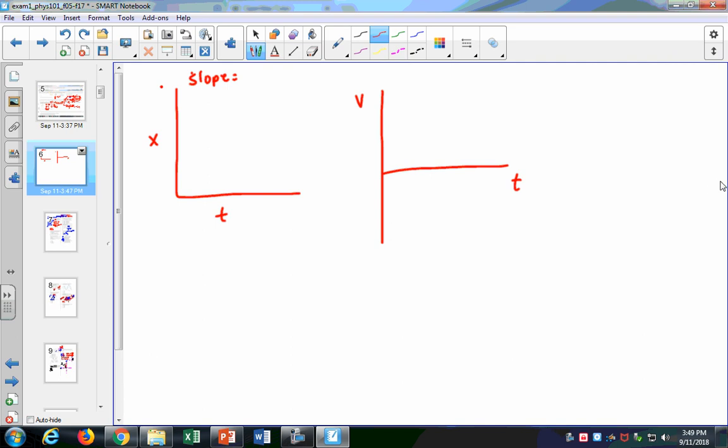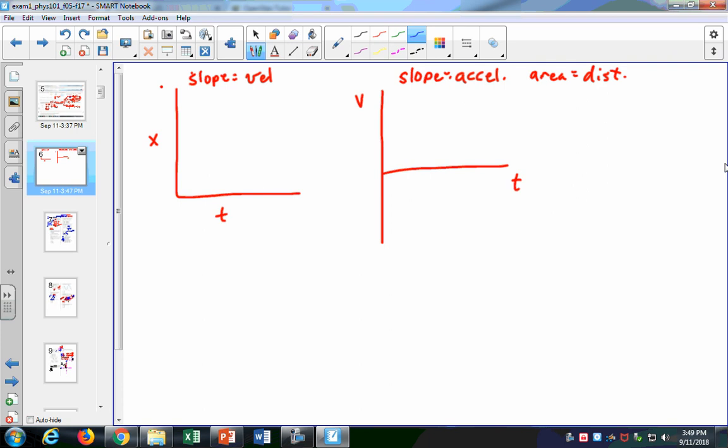It's an important part. You have several problems, I think, that are qualitative in nature. I think I can think of at least 3 that are on the test. The slope of this first graph is equal to the velocity. Here, the slope is equal to the acceleration, and the area is equal to the distance.